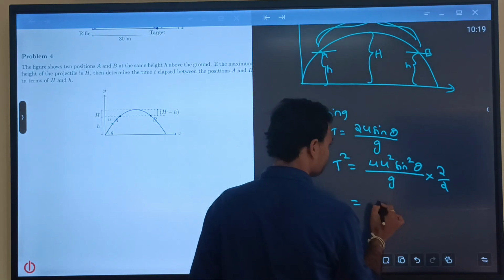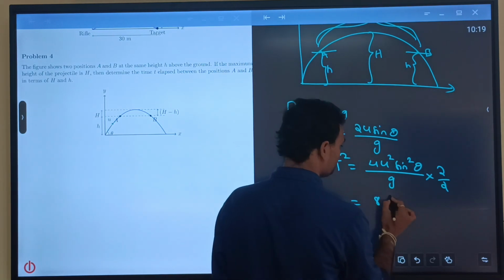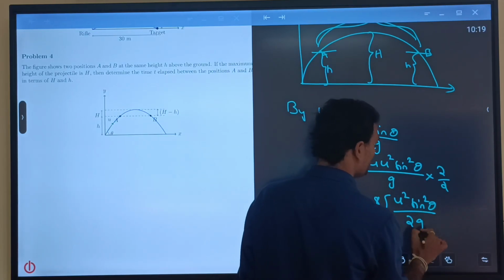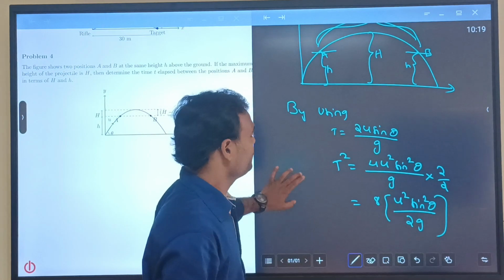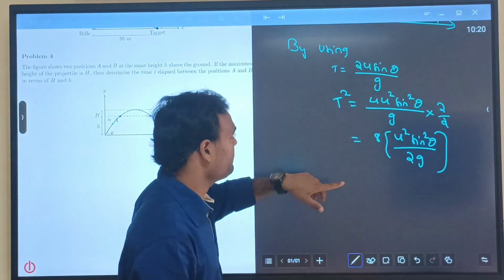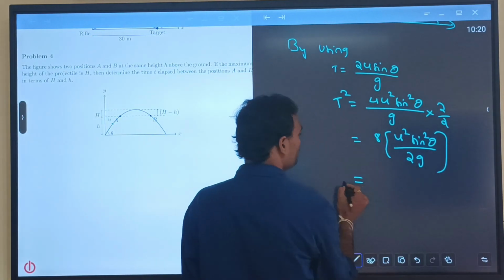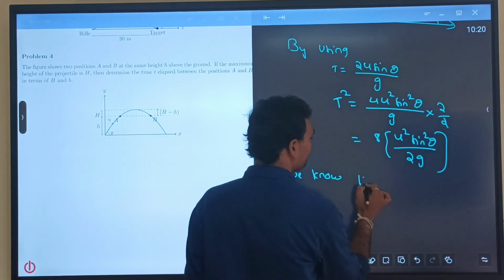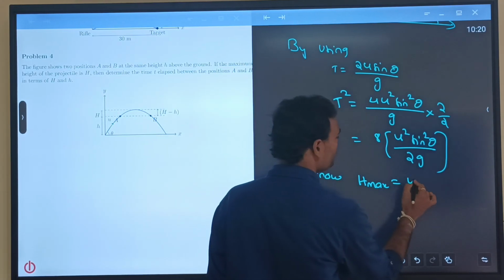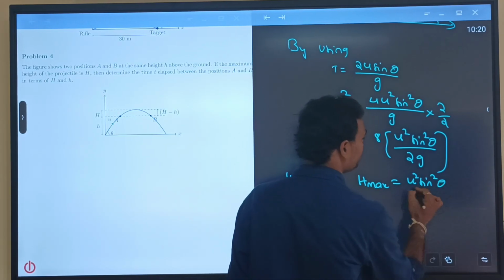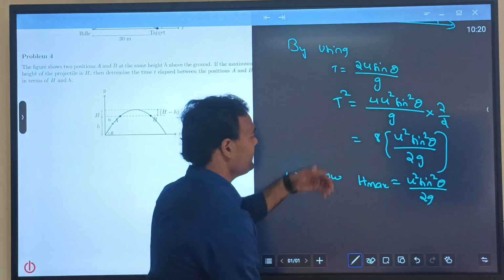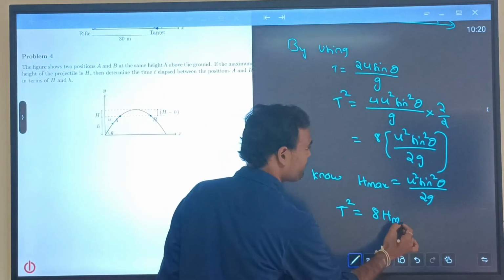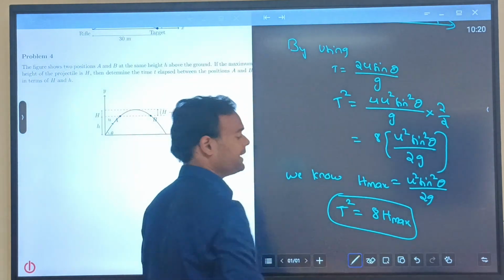This gives us 8 u square sin square theta by 2g, right? And we know maximum height is equal to u square sin square theta by 2g. So can I say here t square is equal to 8 h max, right?